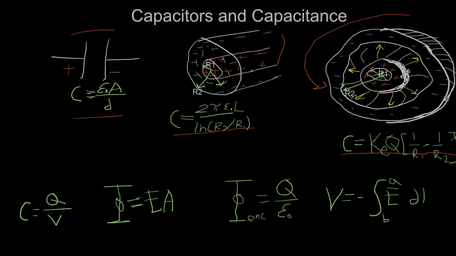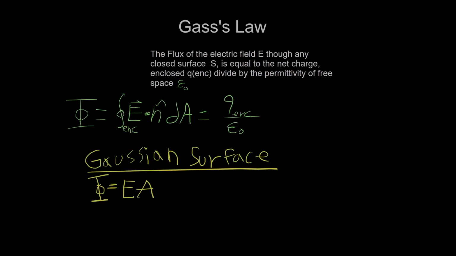They all have different values, and once you can actually solve these, you no longer have to memorize the formulas for capacitance for these specific examples. One key idea you need to understand is Gauss's law. Gauss's law says the flux of the electric field through any closed surface S is equal to the net charge enclosed by the object divided by the permittivity of free space.